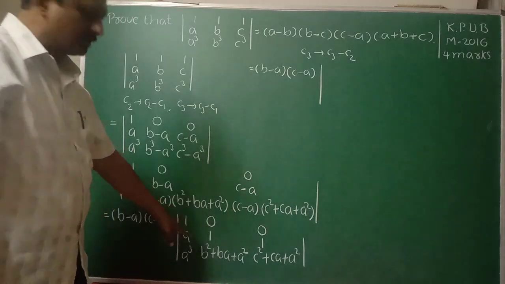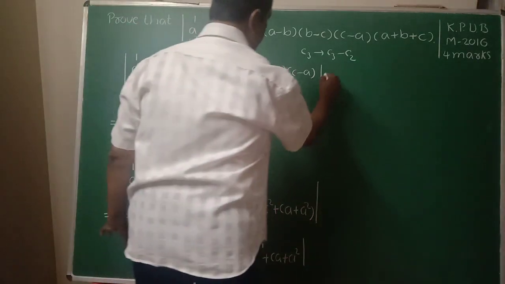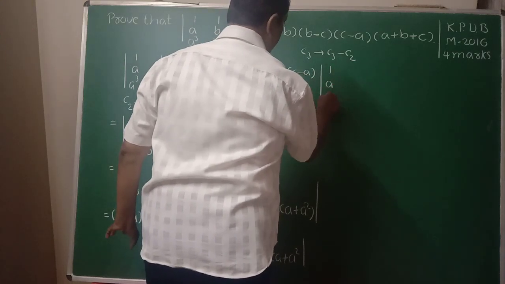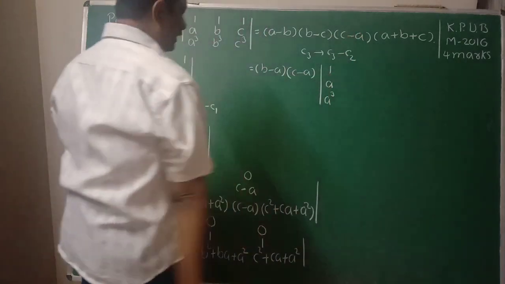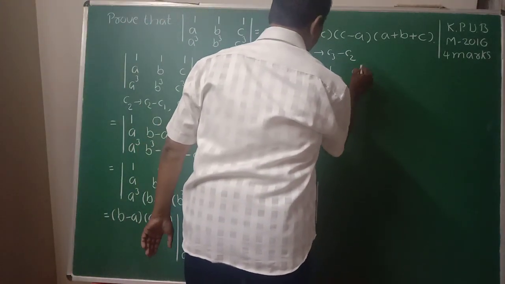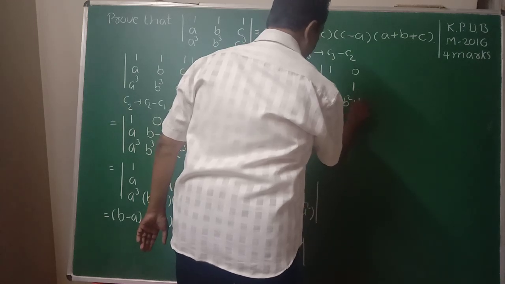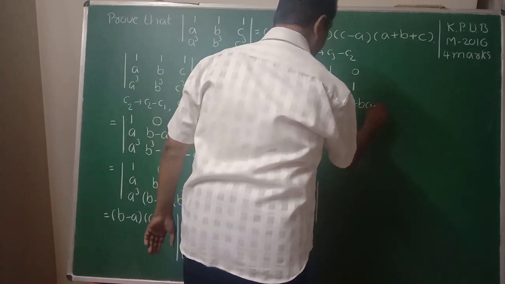So the first and second column elements keep as it is: 1, a, a cube in the first column, and second column elements are 0, then 1, b square plus ba plus a square here.